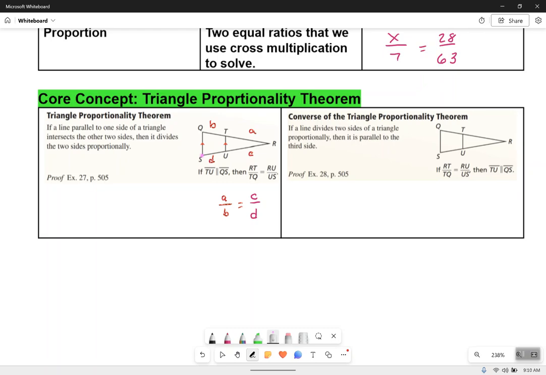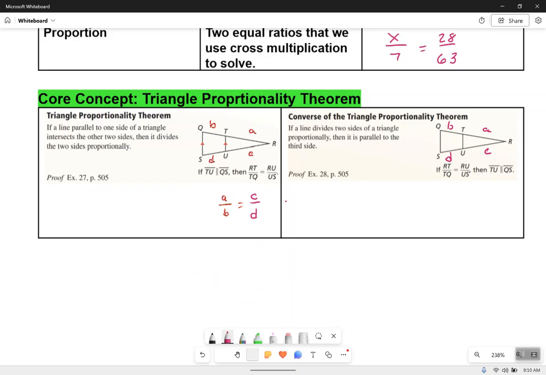Okay? Now, the converse of that is true, kids. If I call this A and B, I'm sorry, if I label RT a distance A and TQ a distance B, if I call RU a distance C again, and if I call U to S distance D, this is saying the following, kids.